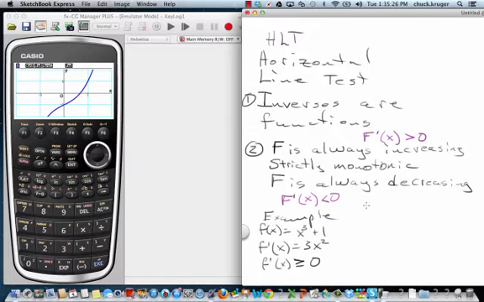Now if I had something like this, where f of x equals x cubed minus x squared, its derivative is equal to 3x squared minus 2x. And if I made that equal to 0, and I can factor out an x here, I have x times 3x minus 2.